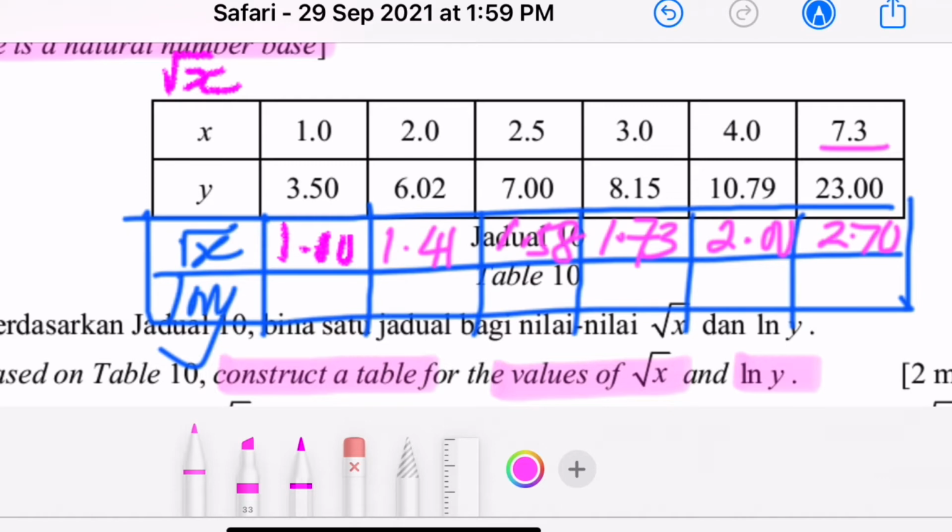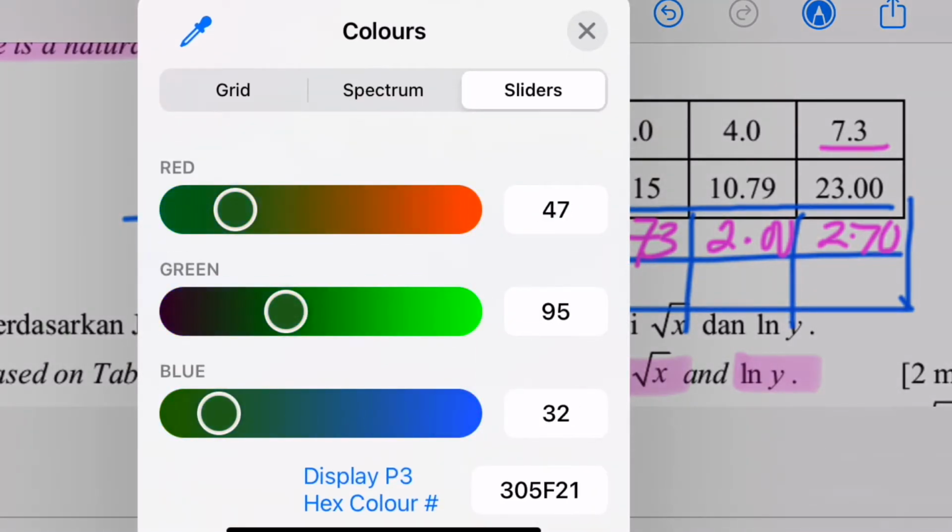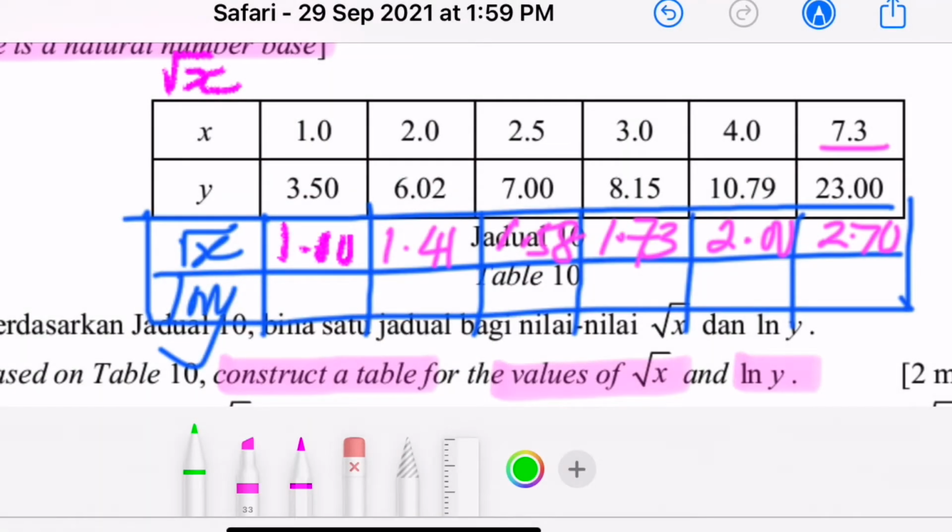Now we need to press the ln. The calculator comes with an ln button. So let's write down the ln values. ln 3.5 is 1.25. ln 6.02, you get 1.80, right? ln 7, you will get 1.95. ln 8.15, you get 2.10.